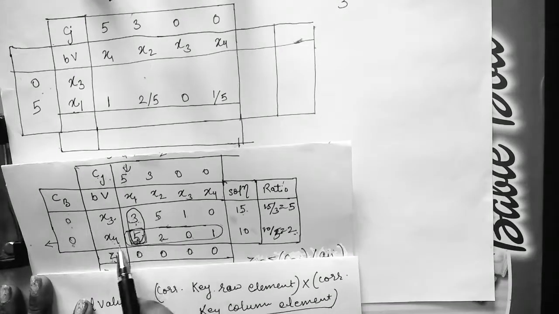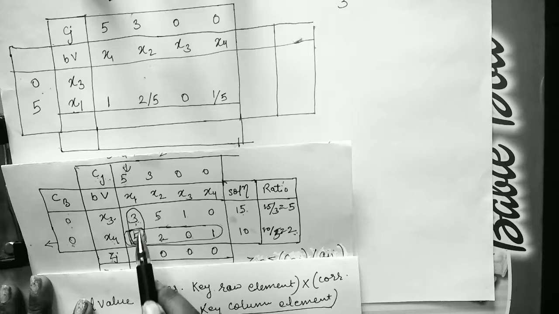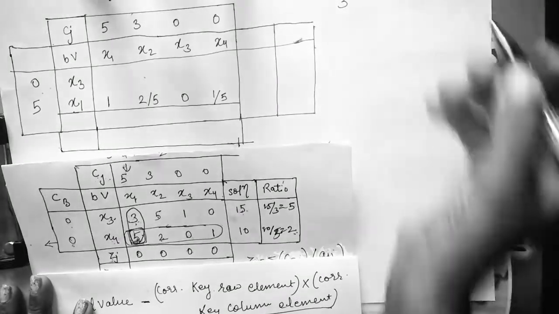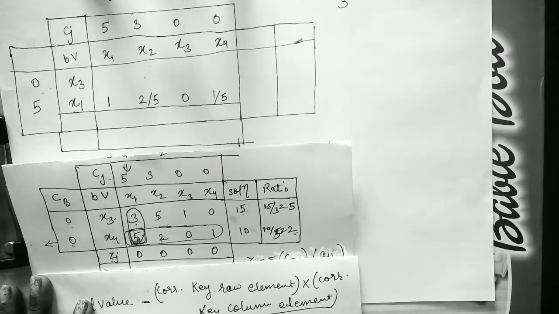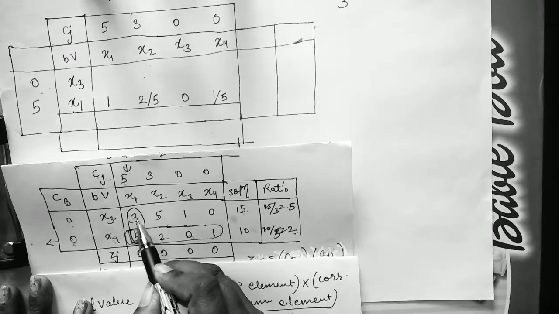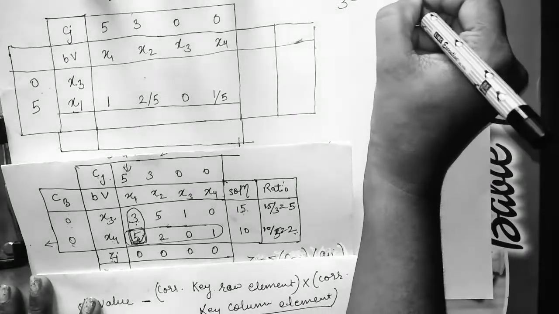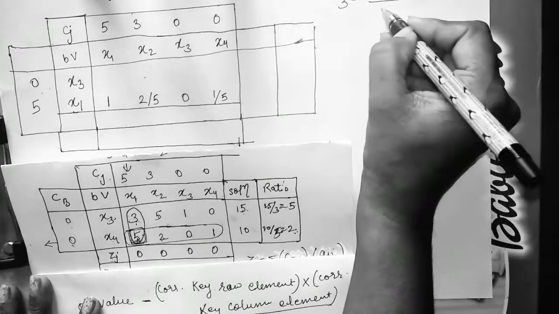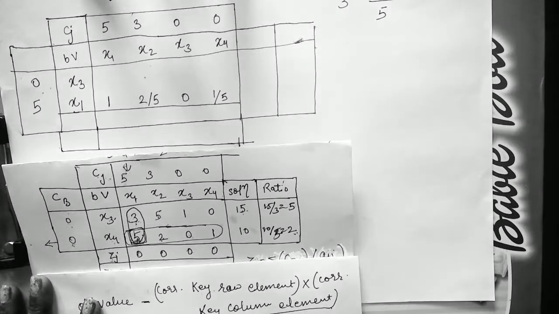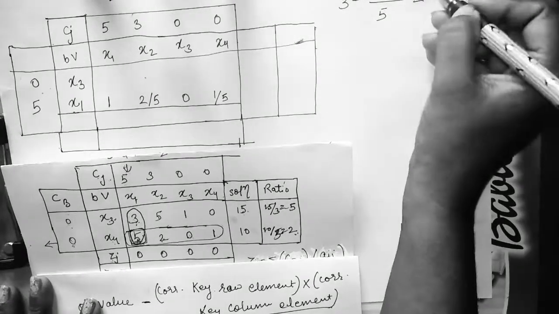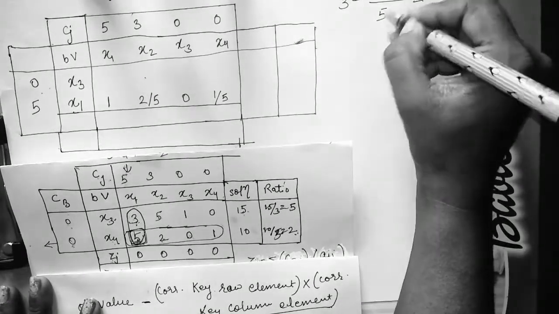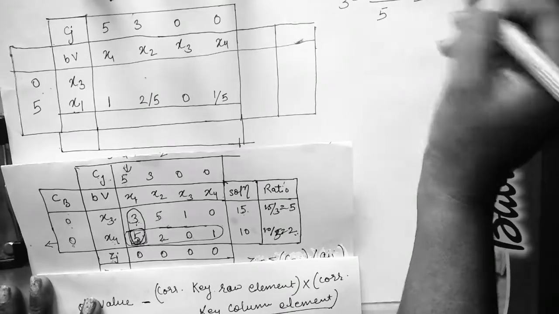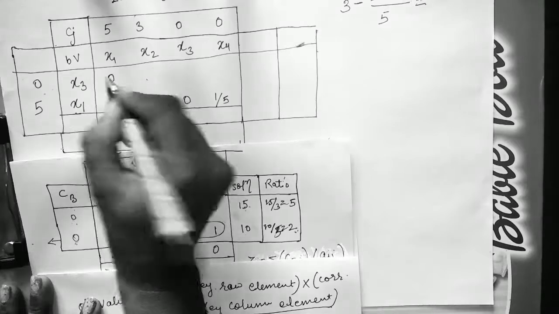This is the key row, and the corresponding key row element is 5, into corresponding key column element. Key column element is itself 3, upon key element 5. So this will be equals to 3 minus 3, 0. So here it is 0.